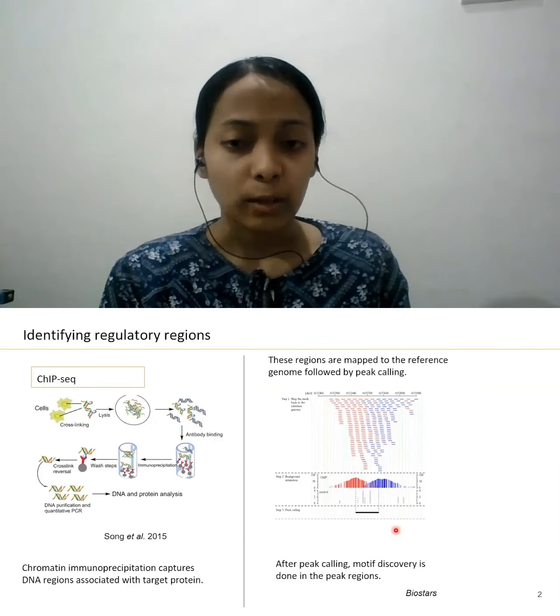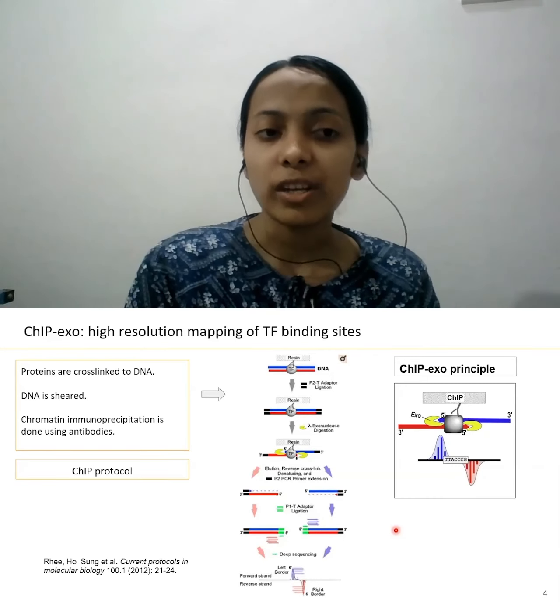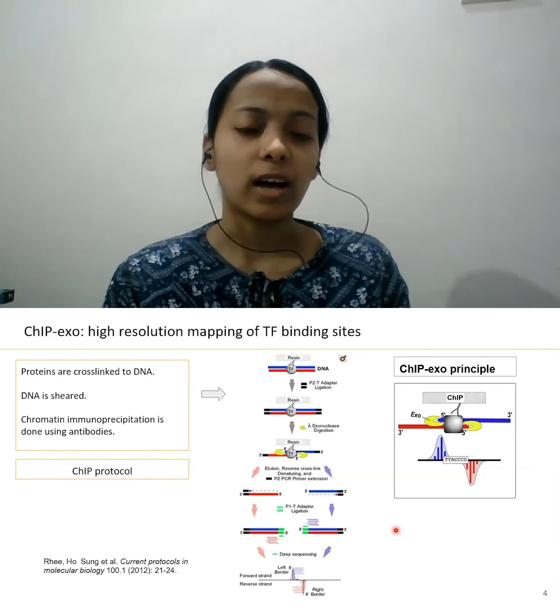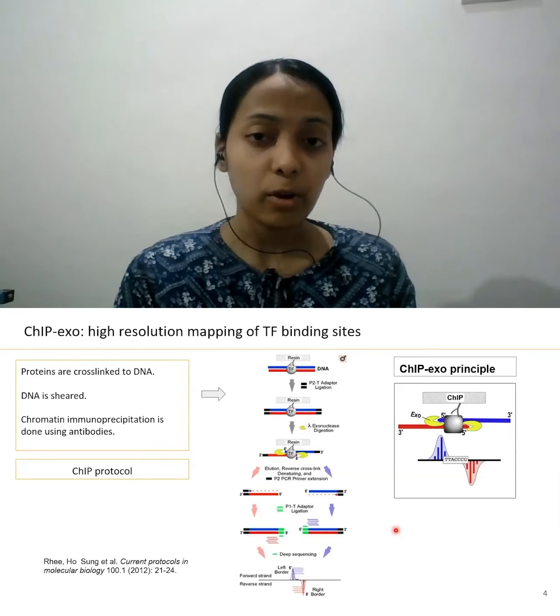Now, with advances in NGS technologies, we have a modified version of ChIP-seq, which is ChIP-exo. It maps the TF binding sites, but with a higher resolution. The initial steps of this process are similar to that of the ChIP-seq protocol. The proteins are cross-linked to DNA, then the DNA is sheared, and then the target proteins bound to the DNA regions are immunoprecipitated using antibodies.